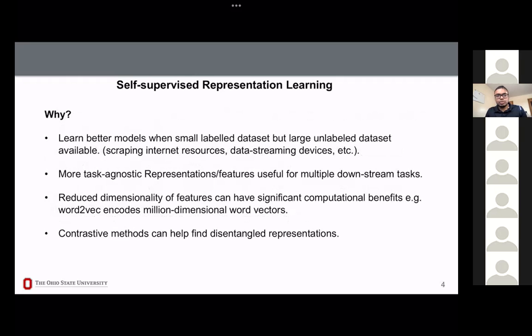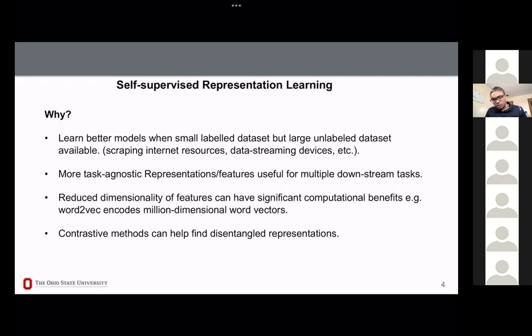You can really utilize a lot of data, and we know that deep learning models are data hungry. So it would be a perfect match if we can use unlabeled data to train deep learning models. That's what self-supervised learning can help us do: use these unlabeled data for learning representations, because labeled data is costly.